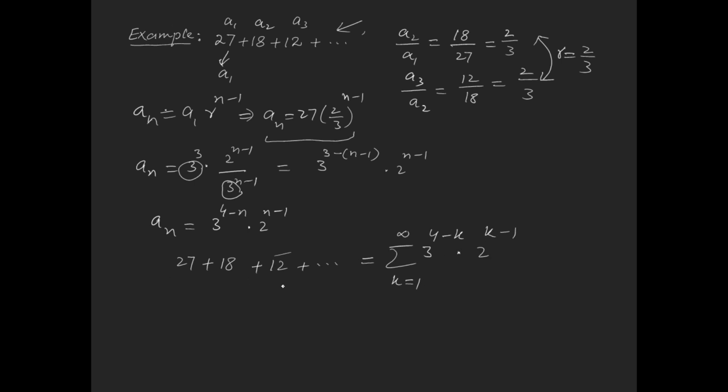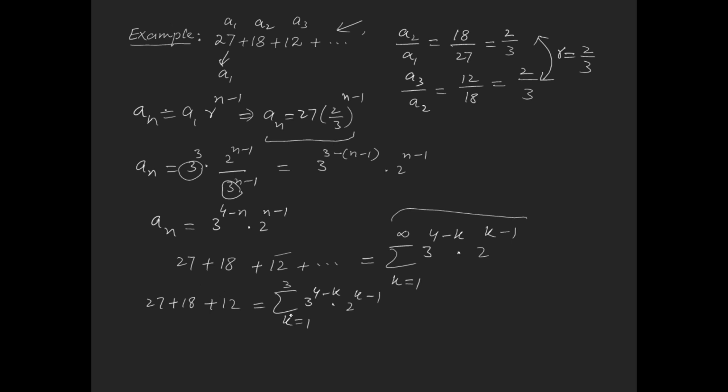So this whole infinite geometric series is written in a short form like this in the sigma notation. But if we are making this series finite, for example, we are taking first three terms, 27 plus 18 plus 12, then this sigma notation will be k from 1 to 3, because we are taking 3 terms, and 3 power 4 minus k multiplied 2 power k minus 1. So now we have taken the sigma notation for 3 terms of this series.